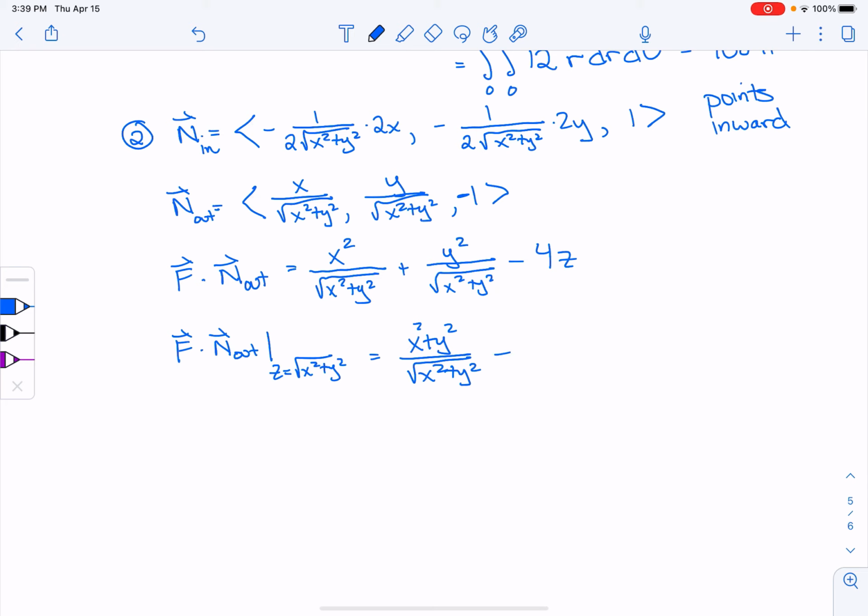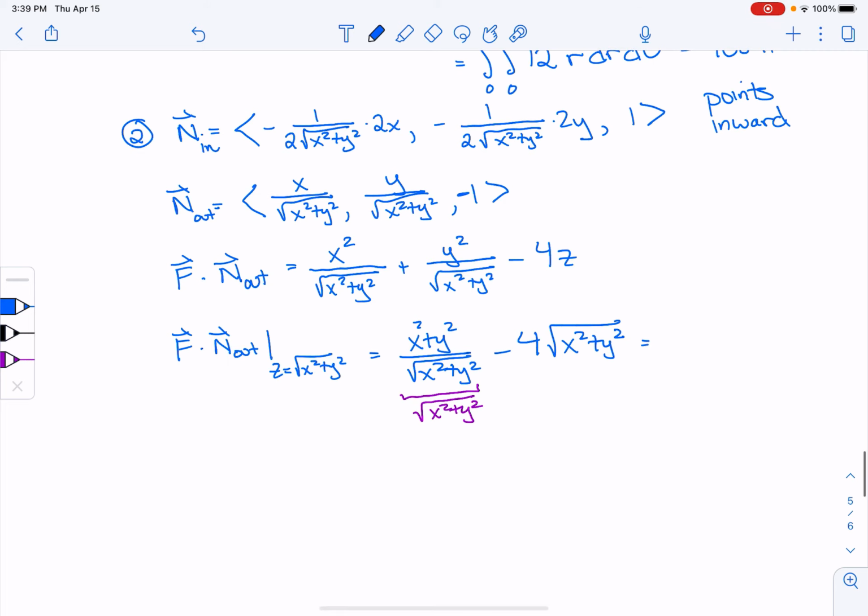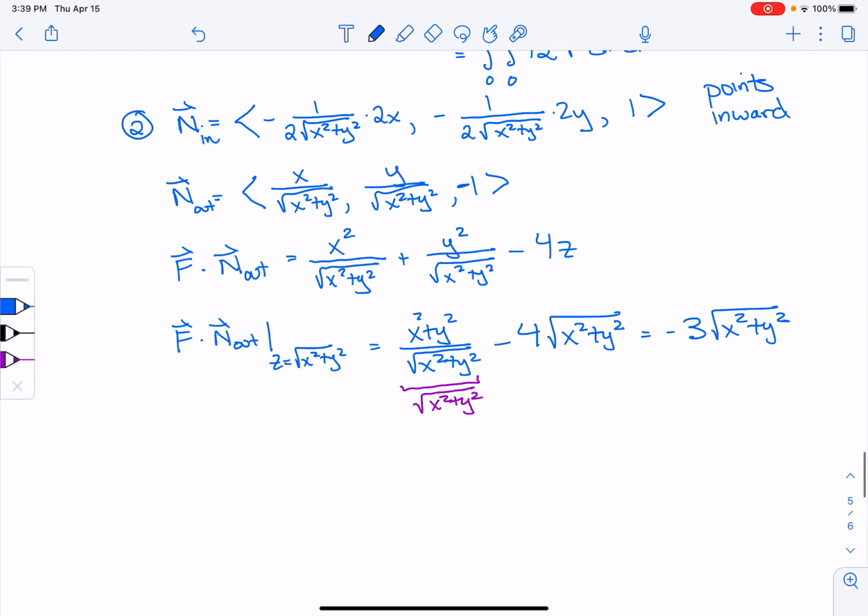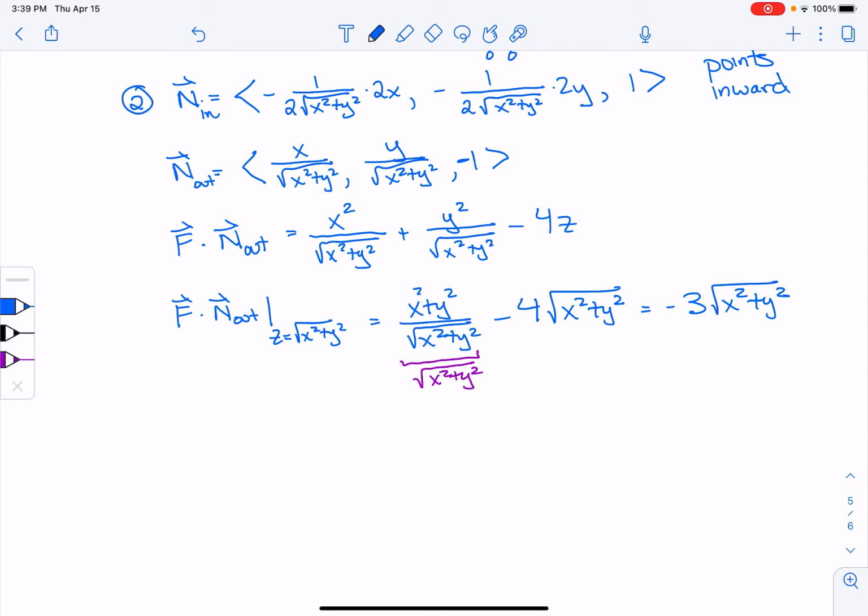And then I'm going to have minus 4 square root of x squared plus y squared. So square root of x squared plus y squared minus 4 square root of x squared plus y squared is going to be -3 square root of x squared plus y squared. Okay, so now we have f dot n, and we just need to do our integral.